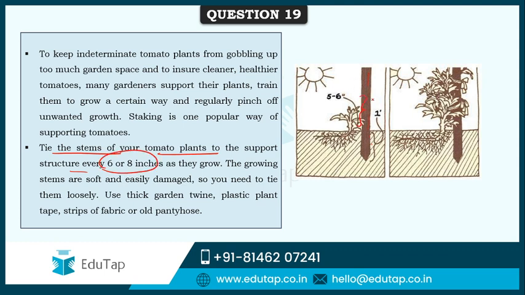So every 6 to 8 inches between two tyings, it is done, and this gives support to the plant and trains it to grow in a certain way. Regular pinching off of the unwanted growth can also be done, and this is one very popular way of supporting tomatoes so that they can have a clean, succulent stem and clean cropping. So this is about staking in tomatoes.